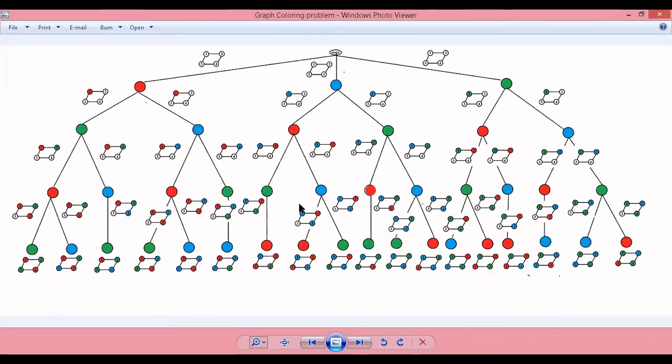Then I'll proceed further. 18 solutions you have got at the last, which means this graph can be colored in 18 ways. That graph I have shown in the last stage. This is the complete state space tree, students. If you have any doubts, you can ask me. Otherwise, I'll proceed to the next step.